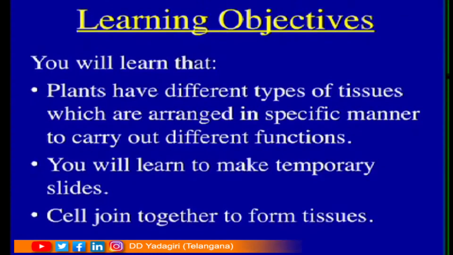By the end of the lesson, you will learn that plants have different types of tissues which are arranged in a specific manner to carry out different functions. You will also learn to make temporary slides. You will understand that cells join together to form tissue.